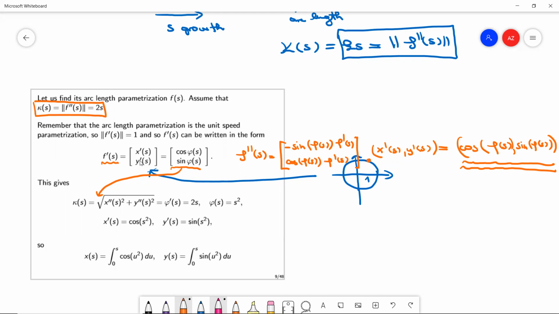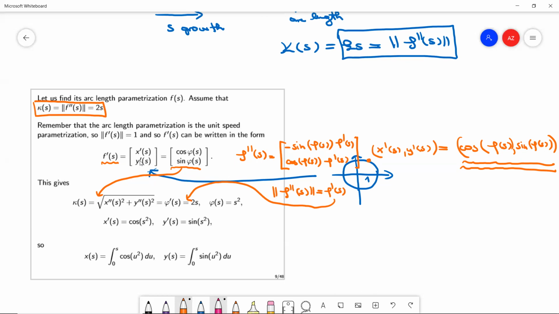But then taking the length of this, we did this computation a few times today. Sine and cosine in fact disappear because we get sine squared plus cosine squared. So they disappear, and what remains is only phi prime of s. And this phi prime of s, from our condition, we know should be 2s.